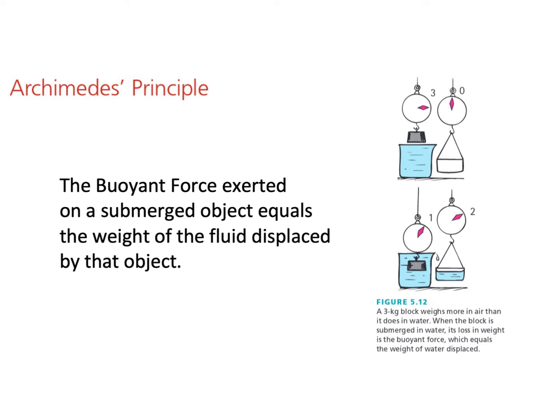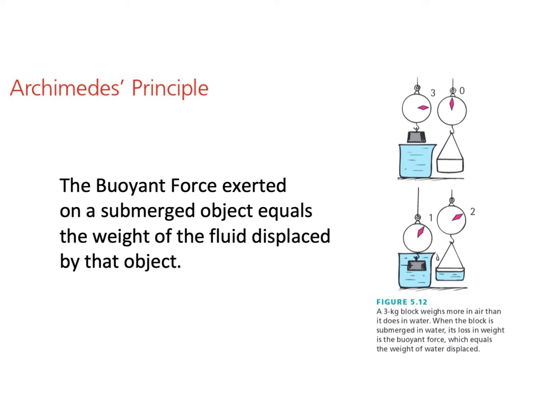Now, it can be a little bit confusing. It's not the weight of the object or the mass of the object that relates to the buoyant force. It's its volume. It's how much fluid is going to be displaced. And once you know how much fluid is displaced by the volume of that object, you weigh that much fluid. The weight of the fluid that's poured out, the displaced fluid, is the buoyant force.